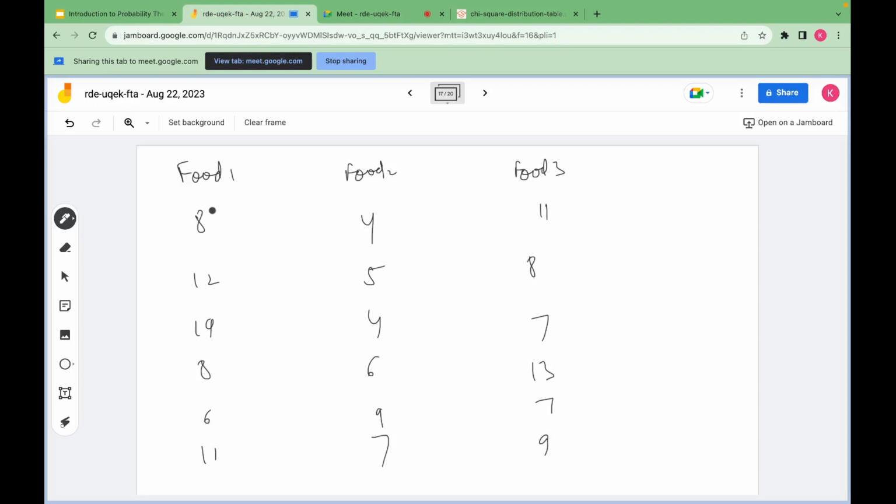So now what is SSW? The mean is 10.66 for this group 1. We will subtract this value, square it, and then add it with the next value.